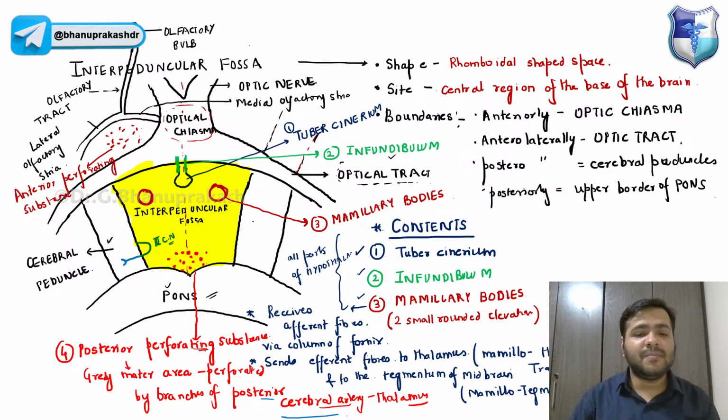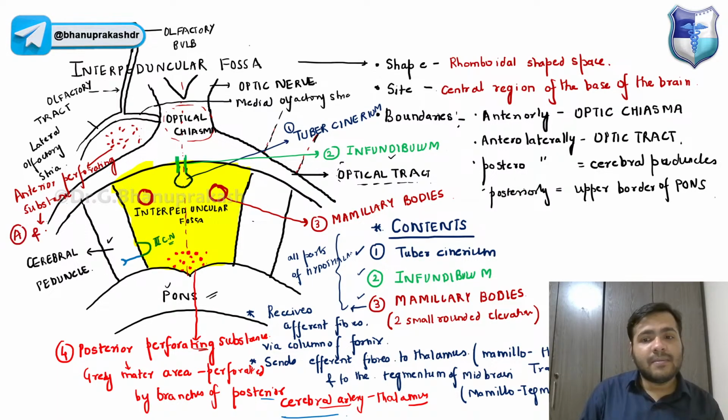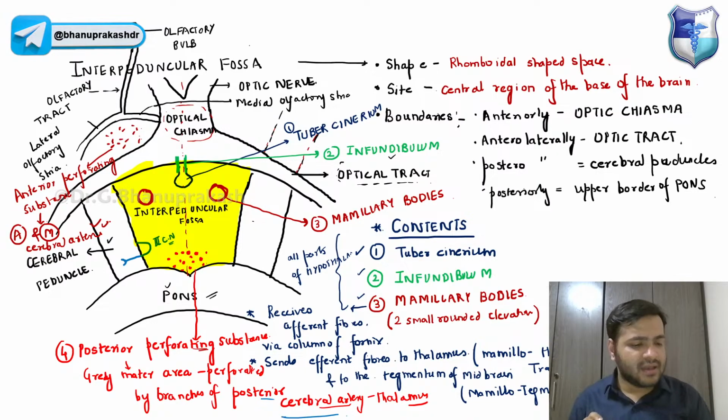So this anterior perforating substance is perforated by the branches of the anterior and middle cerebral arteries. Remember guys, this is a very important viva question.